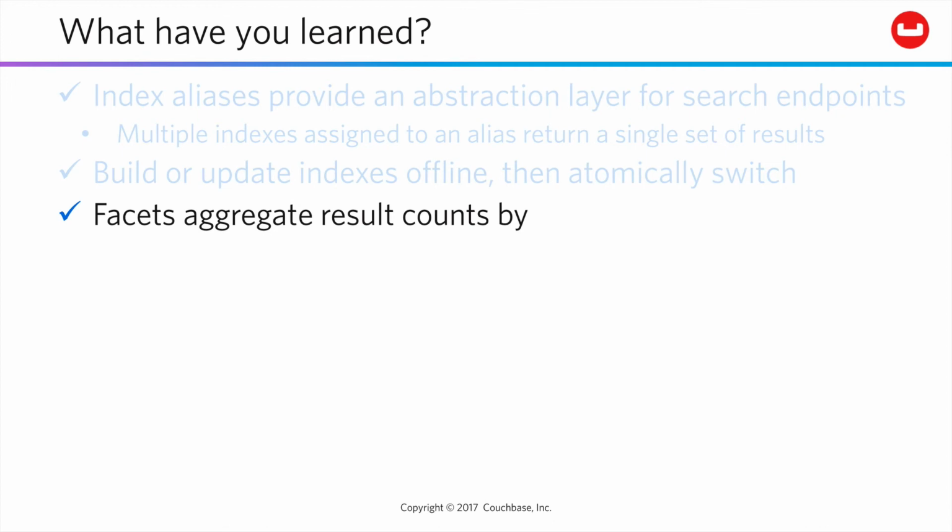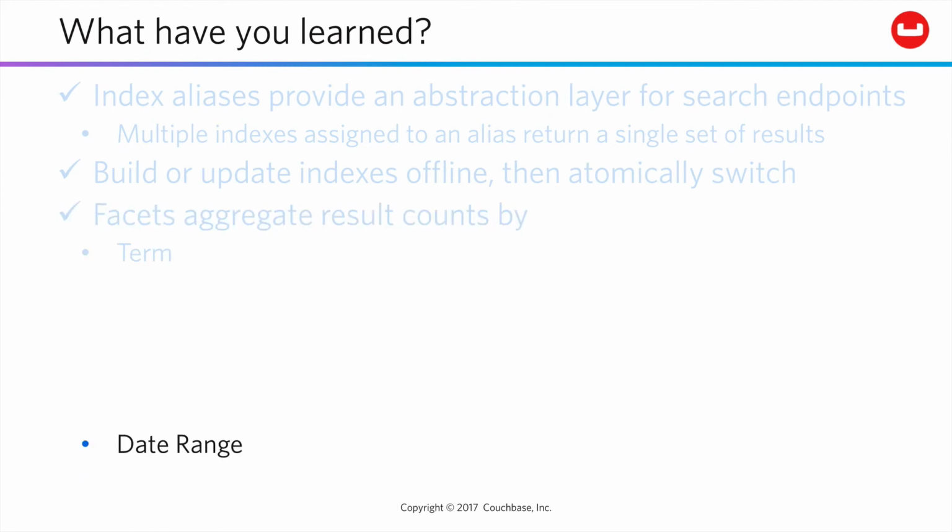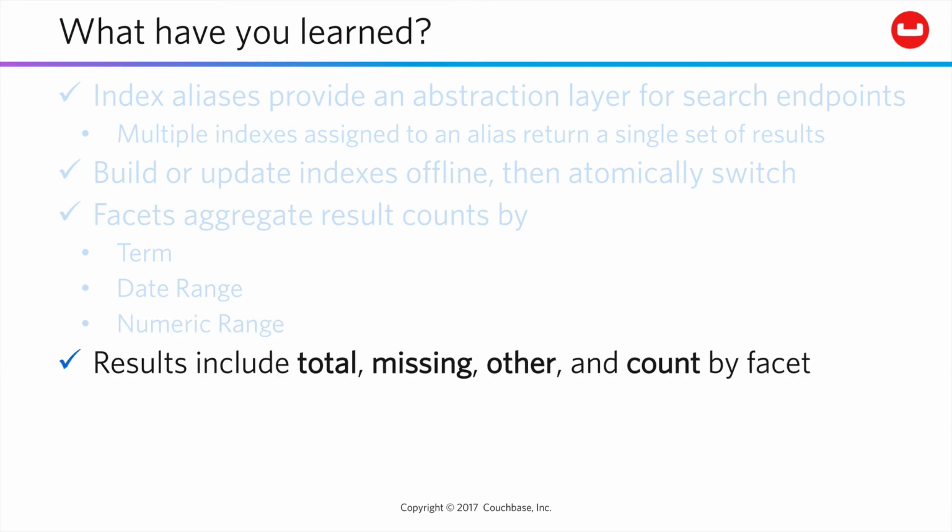We also learned that facets aggregate result counts by term, date range, or numeric range. Your results include the top n count by facet, depending on the facet size you specify, and they also include total, missing, and other counts.